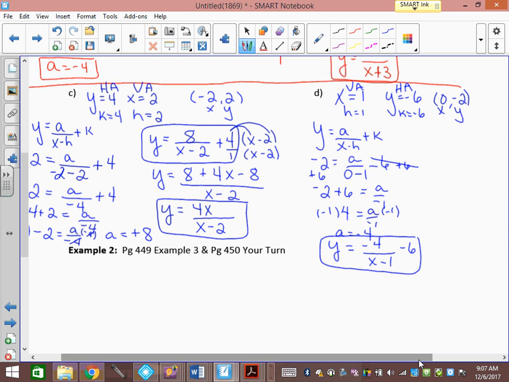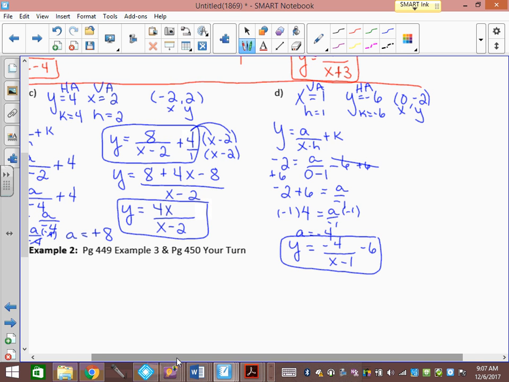However, they might ask you for the numerator over denominator version, right? Full numerator or full denominator. So then you're going to have to get a common denominator.